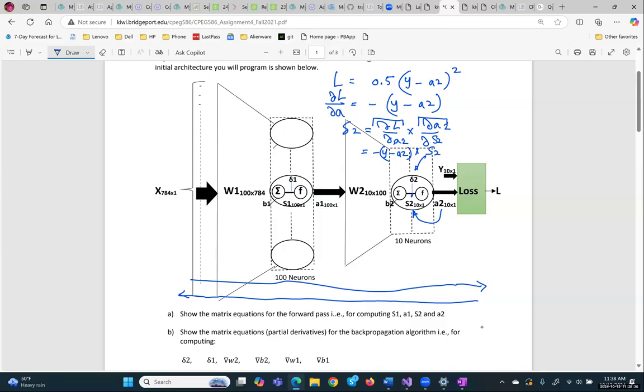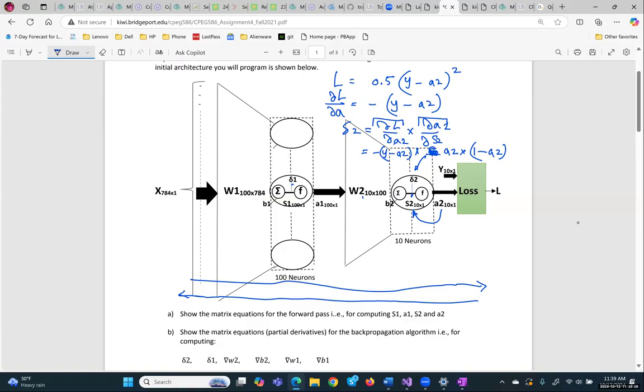The output is 1 over 1 plus e to the minus S2, so it will be A2 times 1 minus A2. The same way, you can compute partial L over partial W2, and you can compute delta 1.